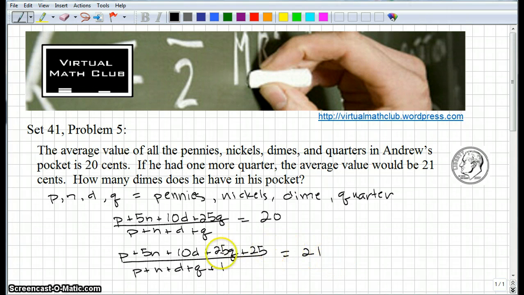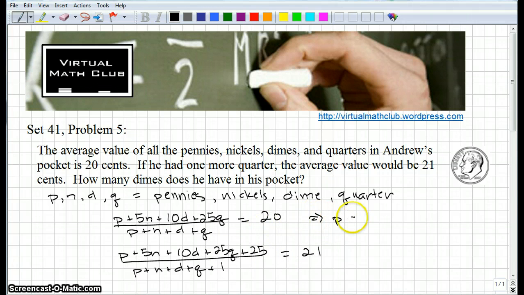Now, I've got a lot of variables here. I need to rearrange stuff and get rid of some stuff because I've got too many variables. I got 2 equations, I got 4 unknowns. It doesn't seem like it would be solvable. But let's rewrite this one up here.